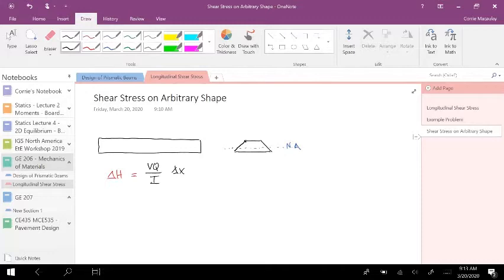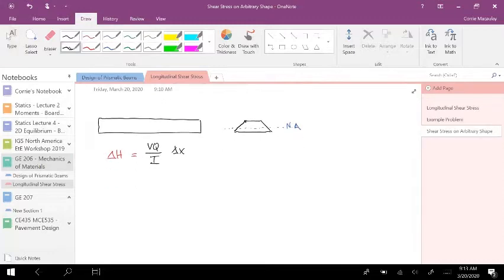So if I do delta H over delta X, basically I'm just simplifying this equation. That is VQ over I. And we usually call this term VQ over I the horizontal shear per unit length.